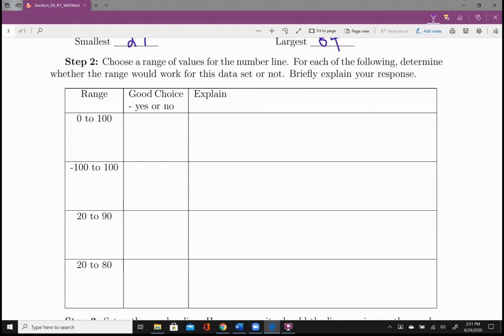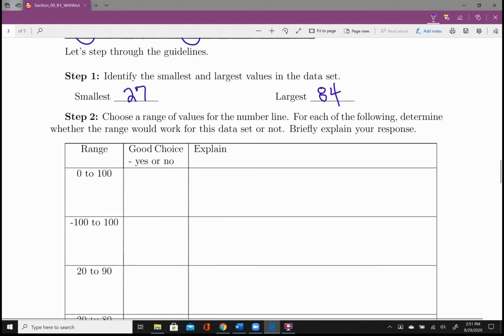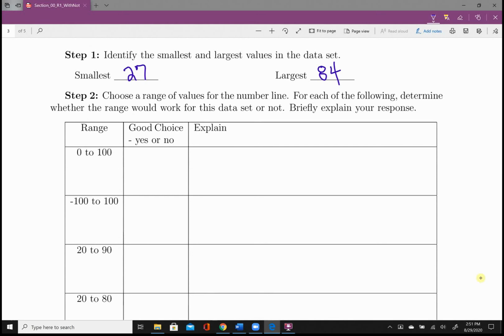Alright, so looking at this first range from 0 to 100 and comparing that to the smallest and largest values here of 27 and 84, do we feel like that would be a good range of values for a number line plotting all this data? Well, I would say yes, it's okay. It's just okay.